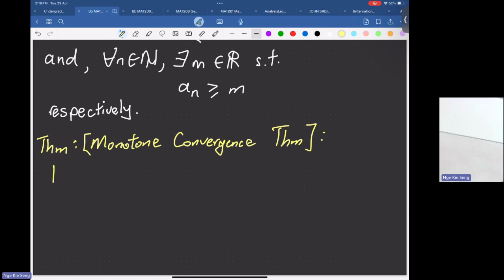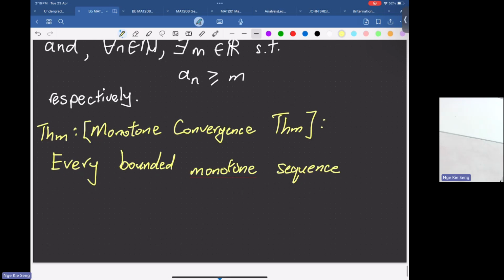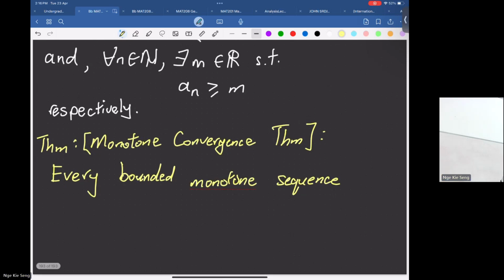Every monotone, not just monotone, but bounded monotone sequence. These are the two adjectives we introduced, right? What we want to happen is that they converge.